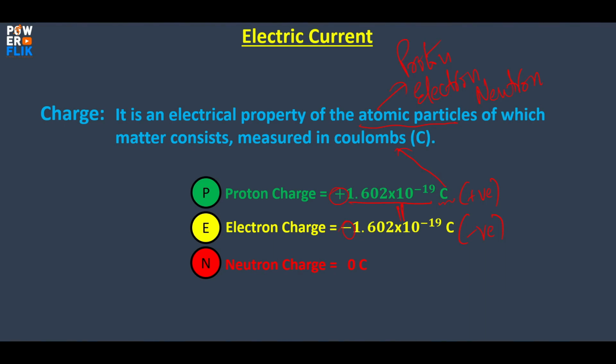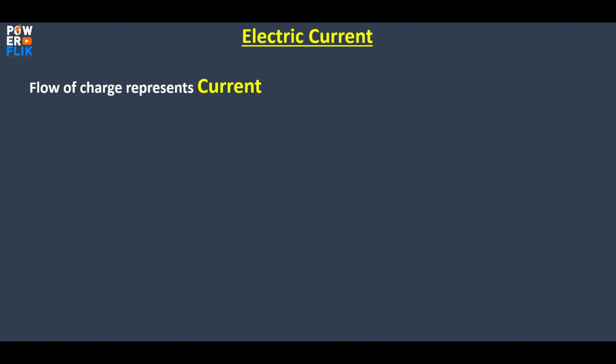But how will charge be reflected as a current? Basically, the flow of charge represents the current. If a charge is moving, the flow of charge is called current. But we already have two charges, positive charge and negative charge, that is proton and electron.